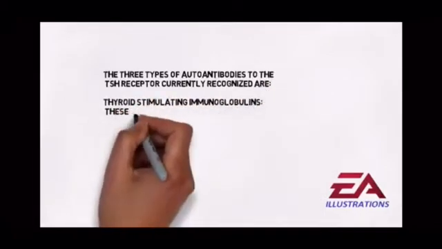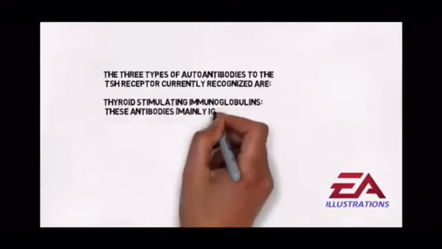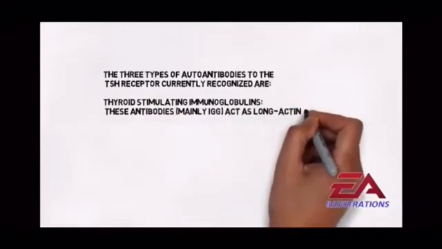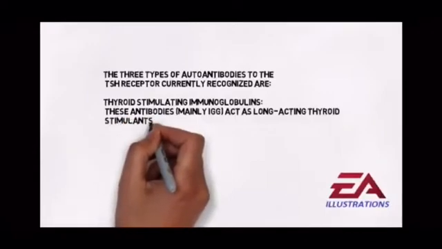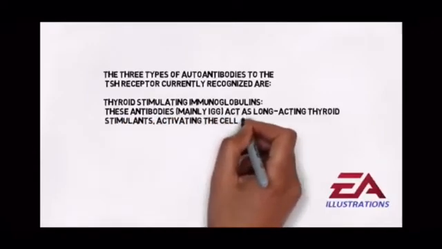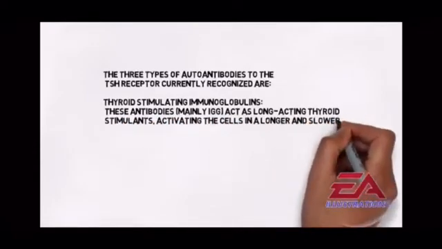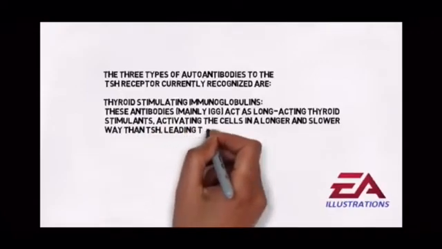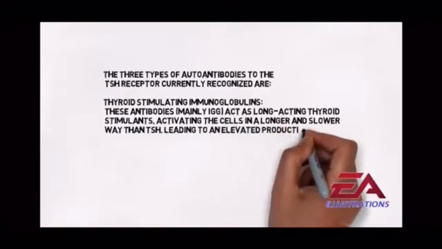These antibodies, mainly IgG, act as long-acting thyroid stimulants, activating the cells in a longer and slower way than TSH, thus leading to an elevated production of thyroid hormones.